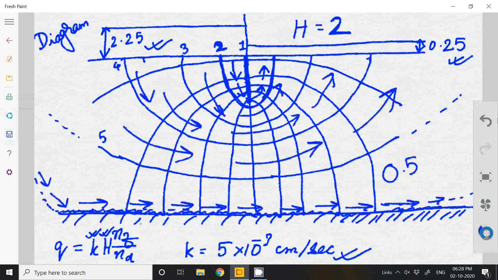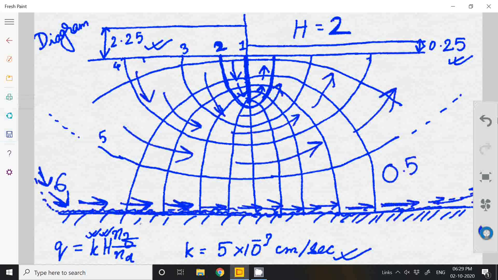So now this one is a flow line. Water from the left, from very far away, is coming, and then it is in touch with the impermeable layer, and it is flowing to the right. So that is one flow line, which can be considered as the sixth flow line. So there is the fifth flow channel.